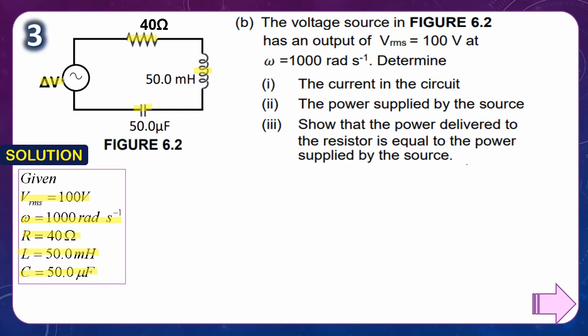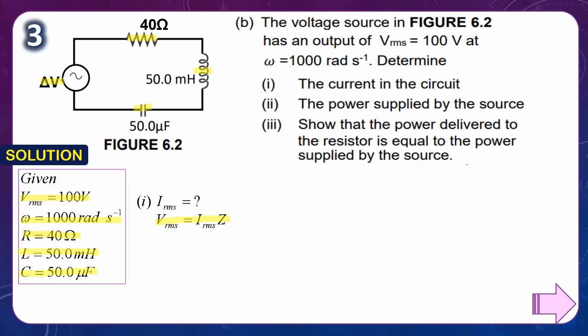First, to determine the current in the circuit, we refer to the IRMS, by using the equation VRMS is equal to IRMS times impedance. Because this is an RLC circuit, we can calculate the IRMS.